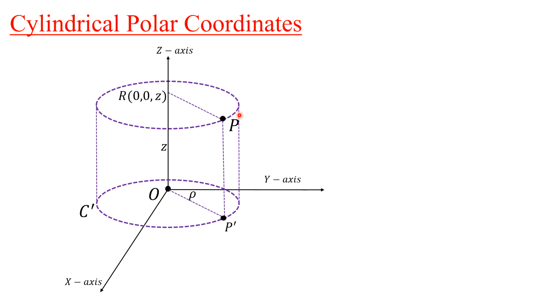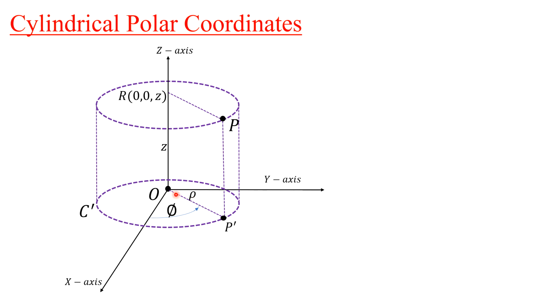Therefore both circles have the same radius, so this rho is also called the radius of this cylinder. For a right circular cylinder, the radius of the cylinder is equal to the radius of any circle on that cylinder.